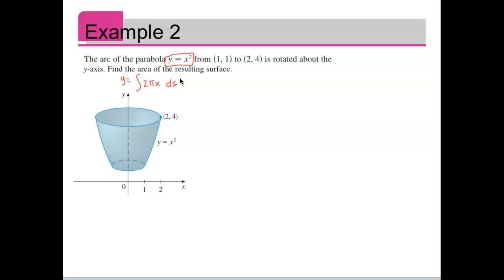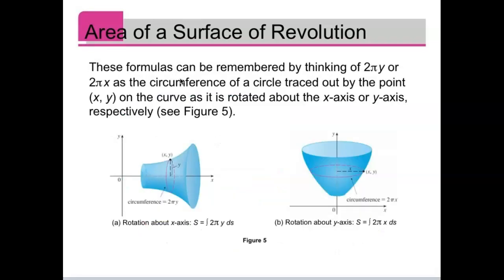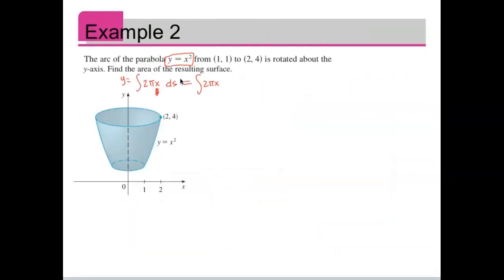So the way I do that is I'm just going to leave this as x, right? So it's going to be 2 pi x. And then the ds, I'm going to use this version of ds, the one where I'm integrating with respect to x. So root 1 plus basically f prime of x squared dx.